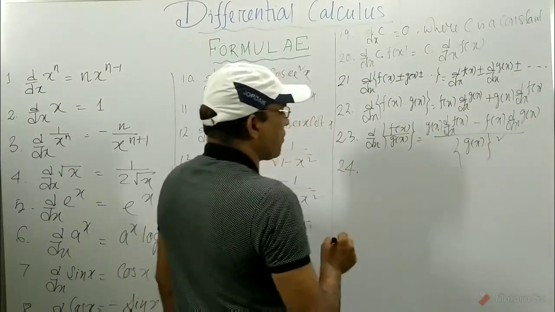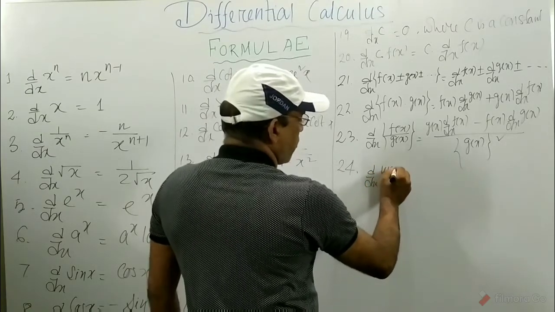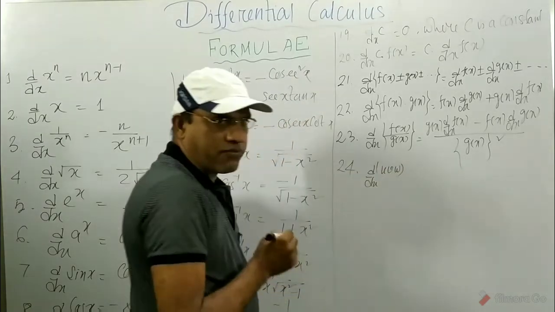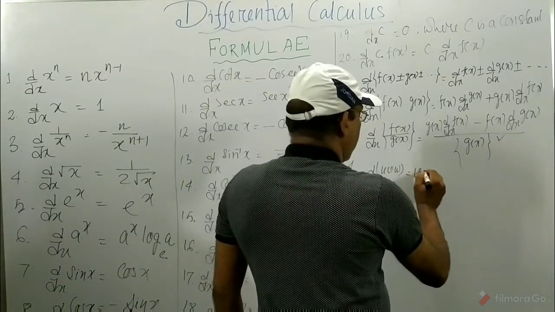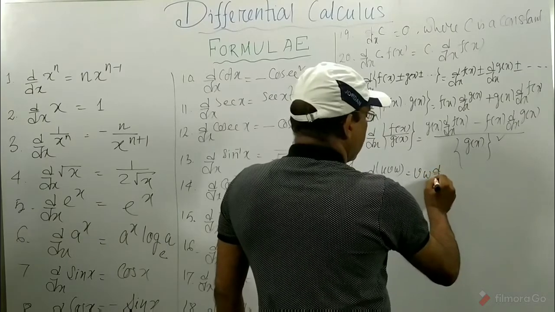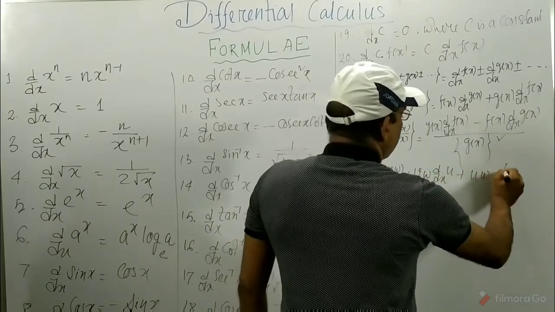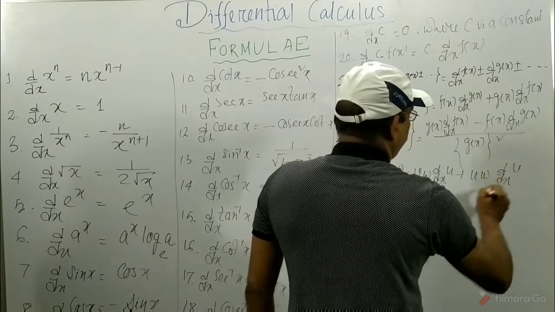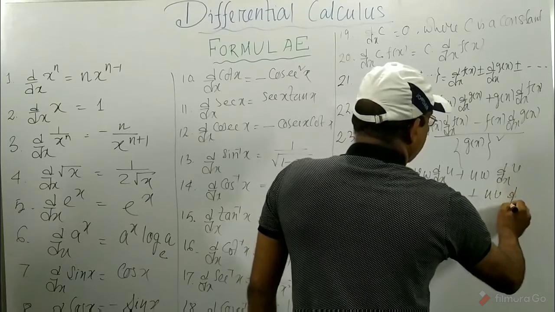Number 24, d/dx of uvw, product of three functions. Then this is vw d/dx of u plus uw d/dx of v plus uv d/dx of w.